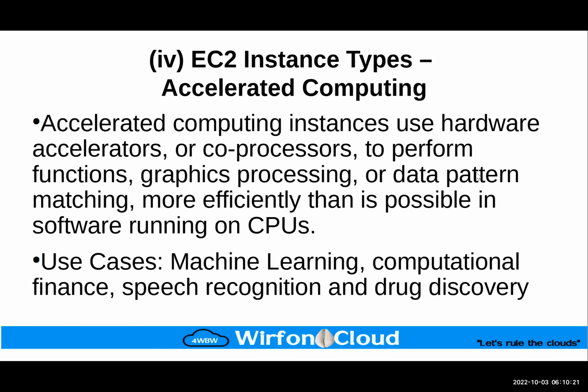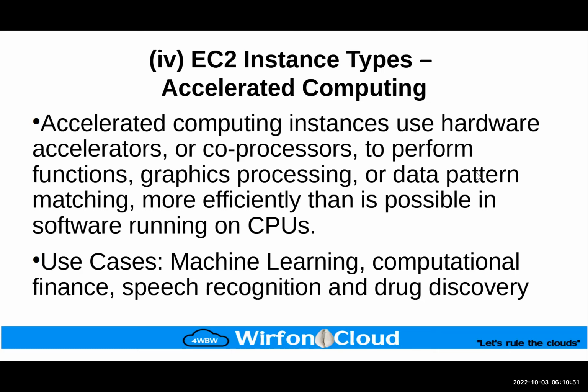Then you have accelerated computing. For accelerated computing instances, you will use hardware accelerators or co-processors to perform functions like graphics processing and data pattern matching more efficiently than is possible with software running on CPUs. And CPUs here is more about compute.